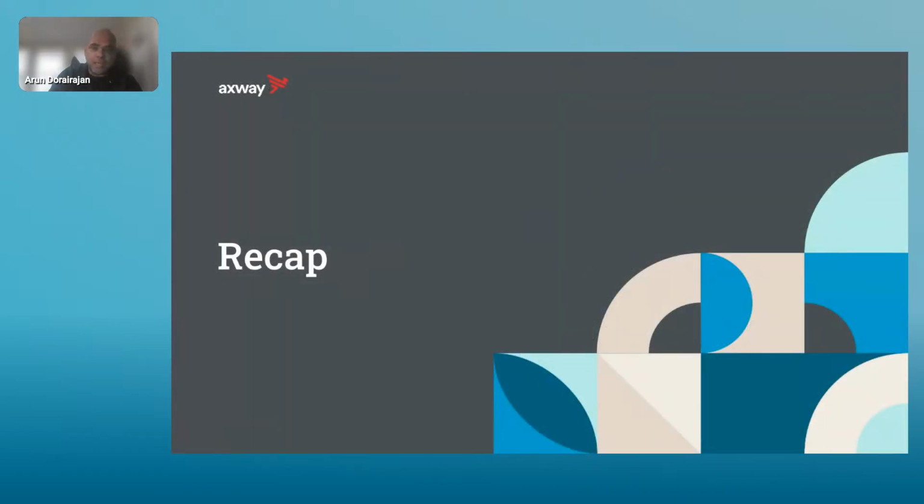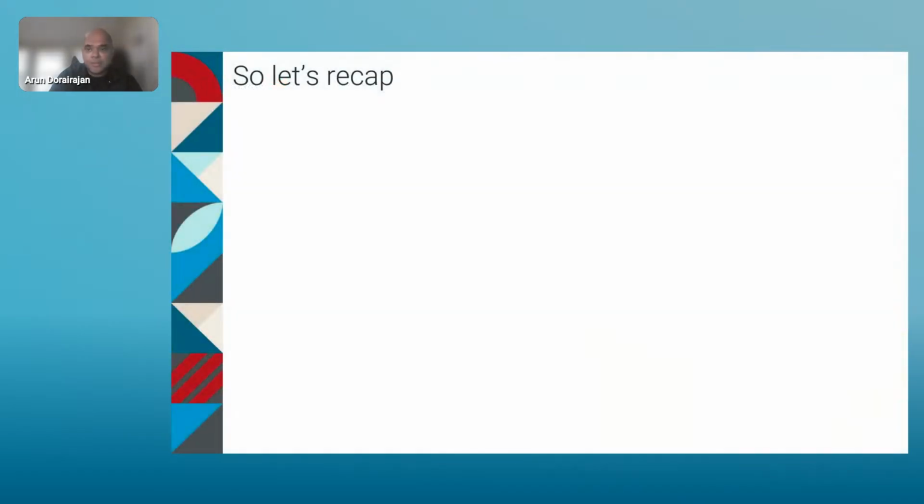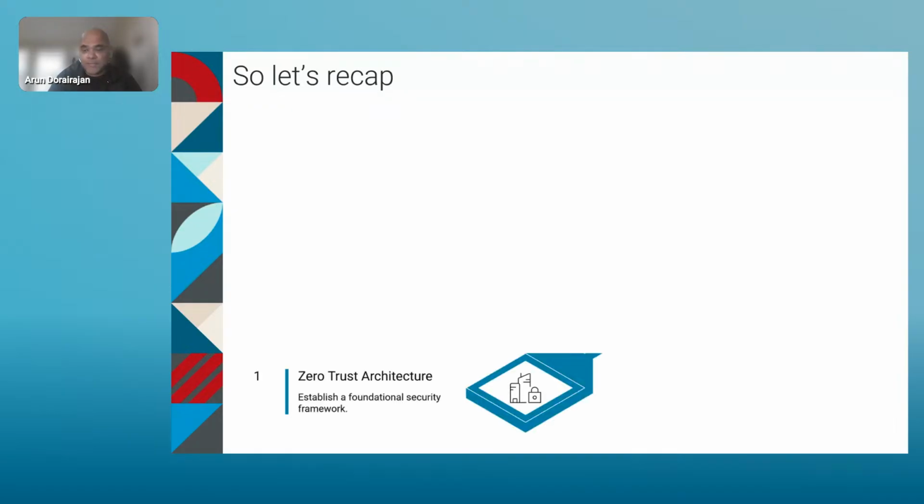So we're almost at the end, and let me recap. Let's bring it home. What you have seen here isn't just a best practice, it's a strategy journey to defend your most critical data flows. It's how we move from reactive to resilient, and it's what the most secure organizations are already prioritizing in 2025. Step 1, embrace zero trust architecture.